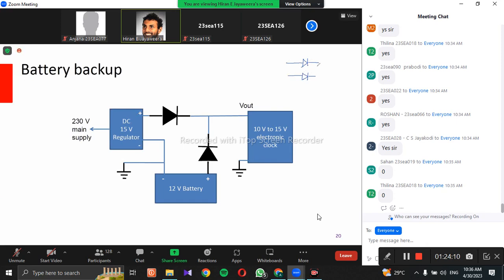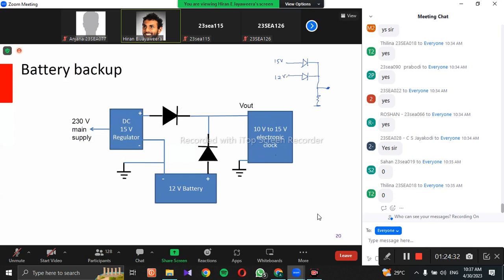You have 2 diodes connected like this, and here you have the output, and here you have a resistor. The resistor is your wall clock, and then you have a voltage source that is 15 volts, and the other one is 12 volts. So it's exactly like that, right?